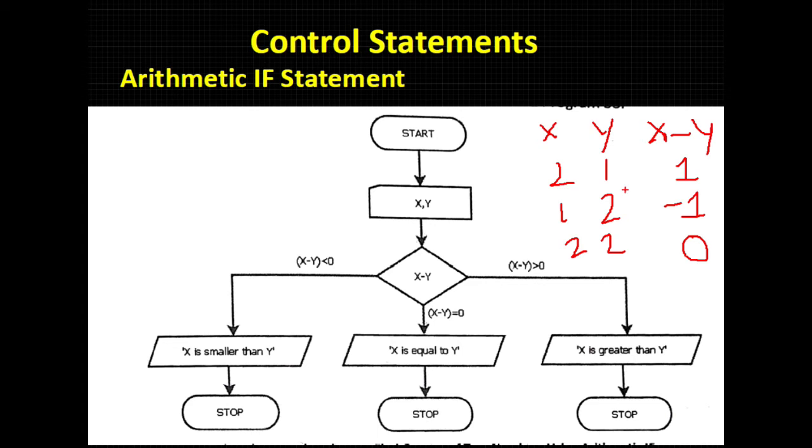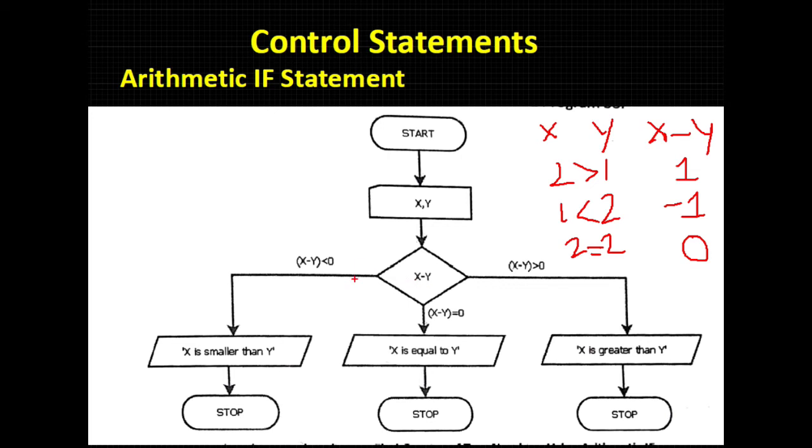When the result is positive, it means x is greater than y. When the result of x minus y is negative, it means y is greater than x, and if the result is 0, it means x and y are equal. So we write the arithmetic expression x minus y, and depending upon the result we display the output.